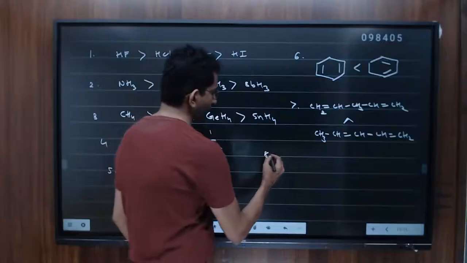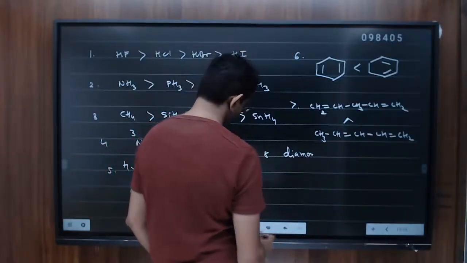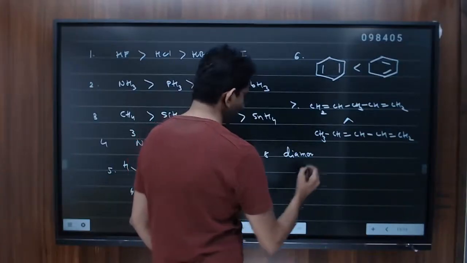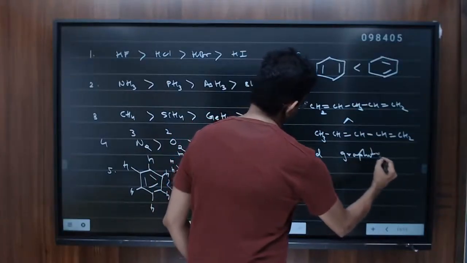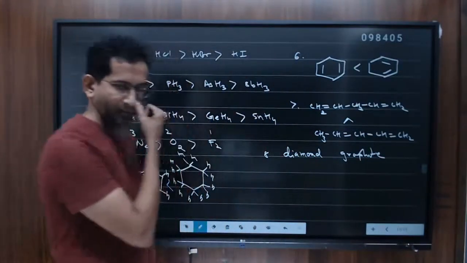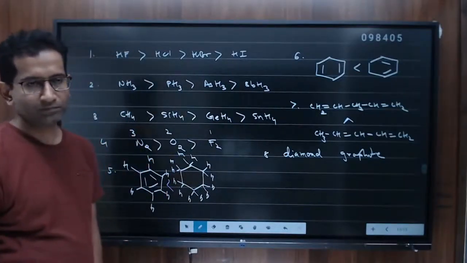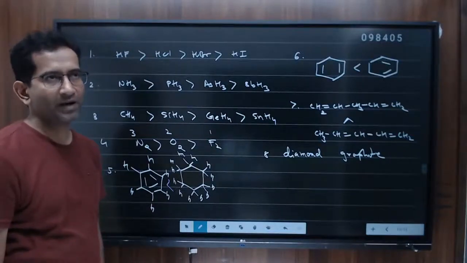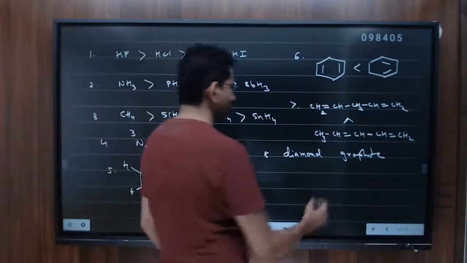Okay. One more thing let me explain to you. They can ask the stability between allotropes also. Of course, in diamond and graphite, if you provide thermal energy, the one which will decompose easily will definitely be graphite.